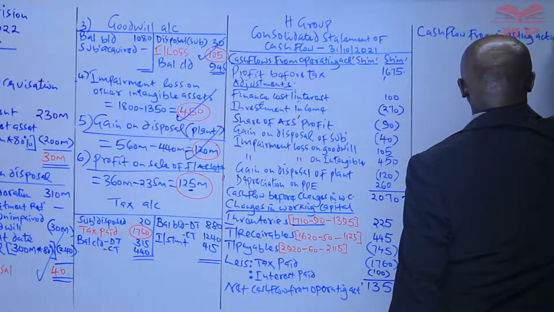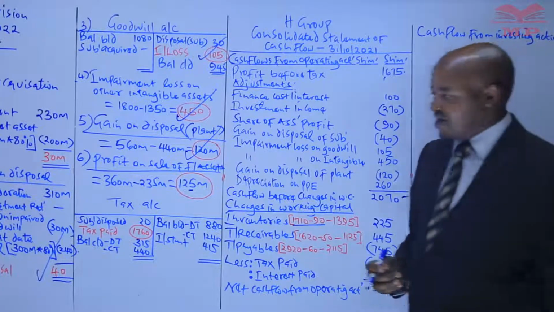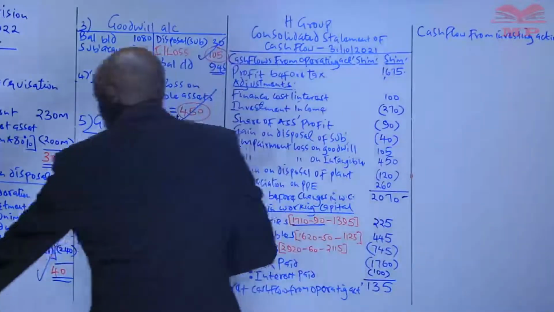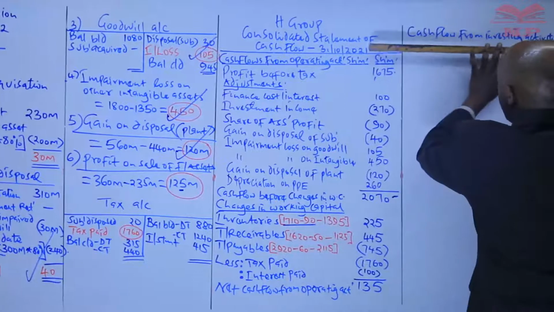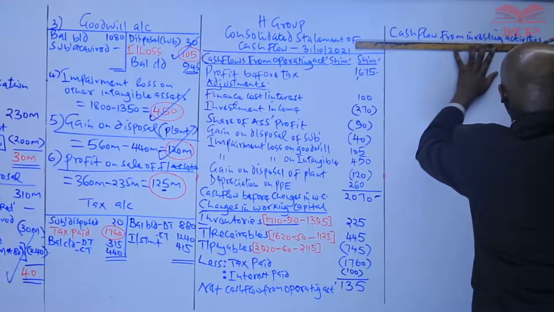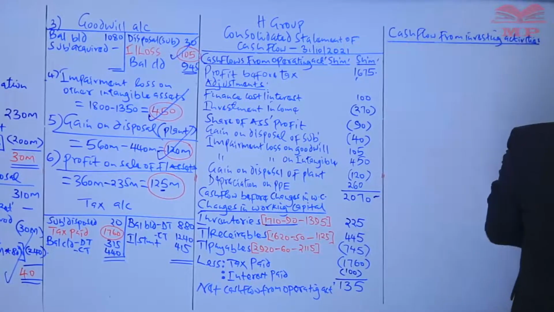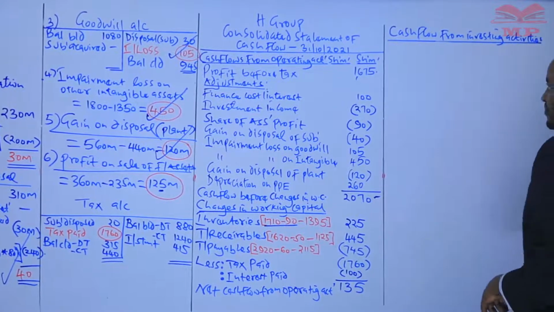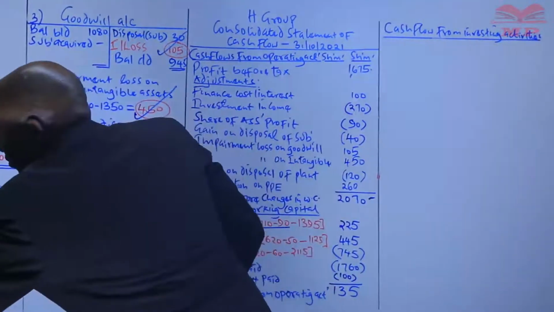Investing activities are those activities which relate to the acquisition and disposal of assets. That is what we need to consider here: assets which were acquired, assets which were disposed, and so on.